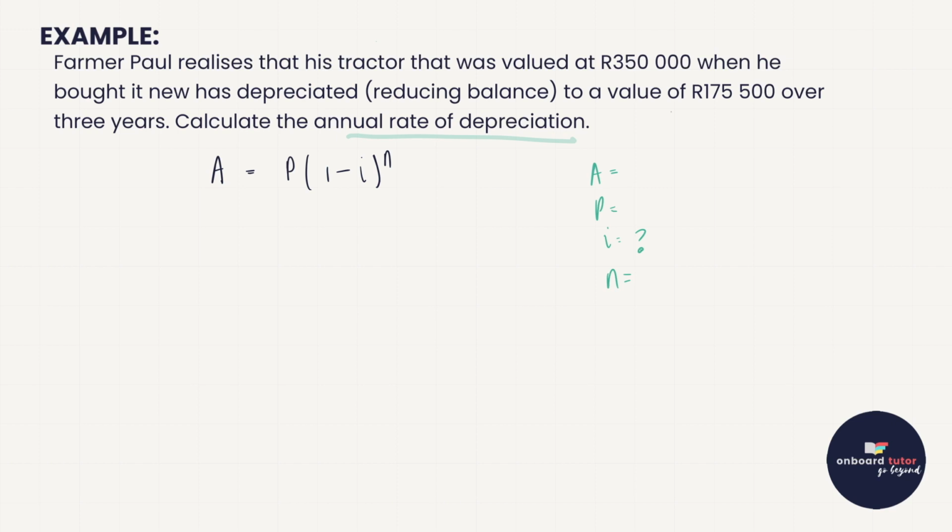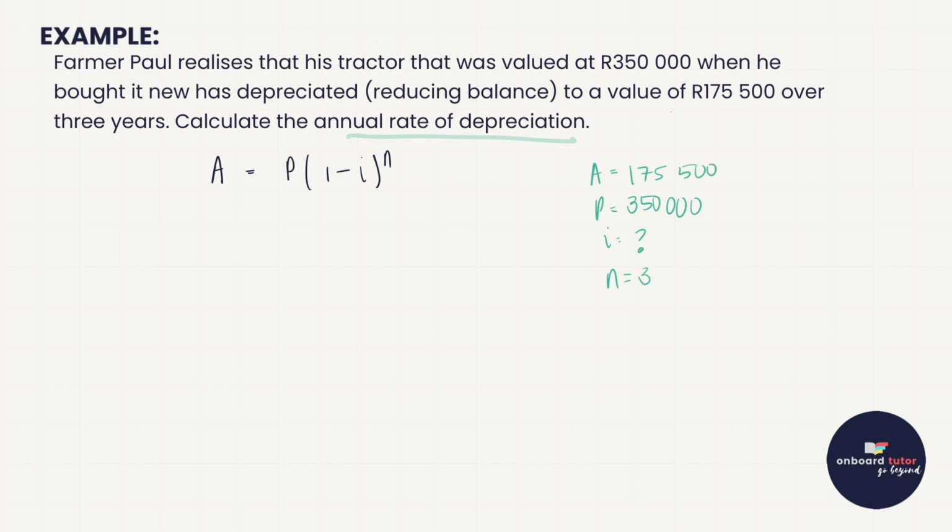Now the tenses in this question might be a little bit complicated, but basically the farmer would have started out with a present value of 350,000 Rand, and that would have depreciated to, somewhere in the future, 175,500, and that was over 3 years.